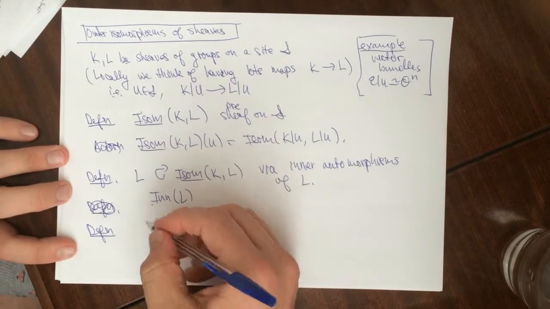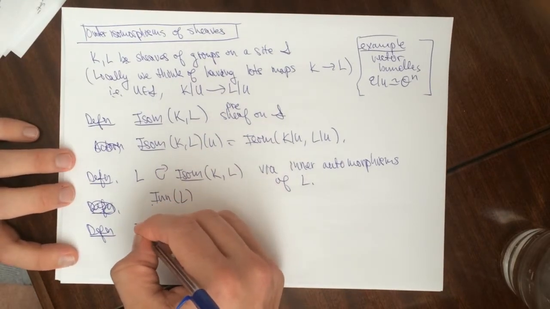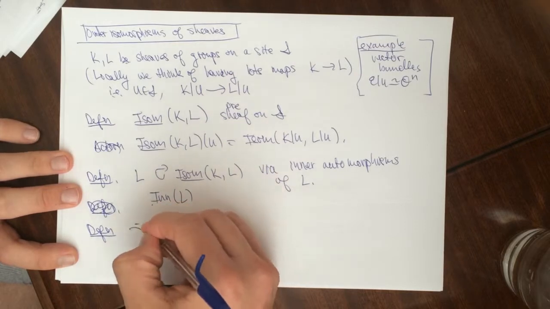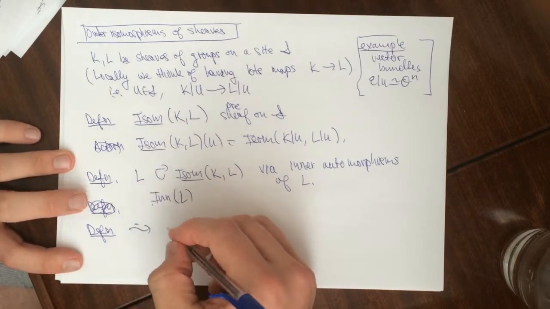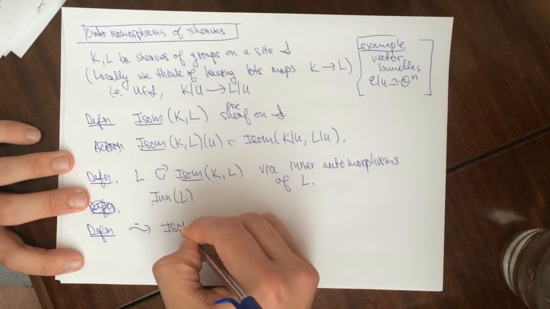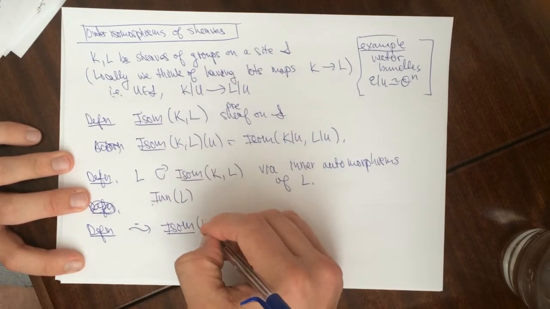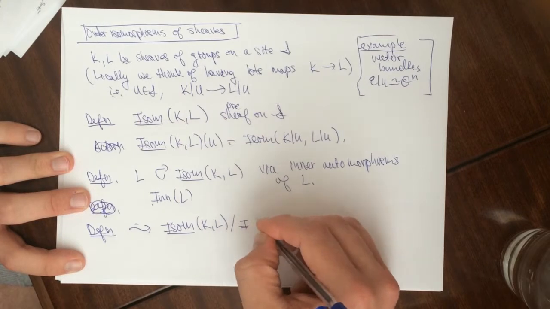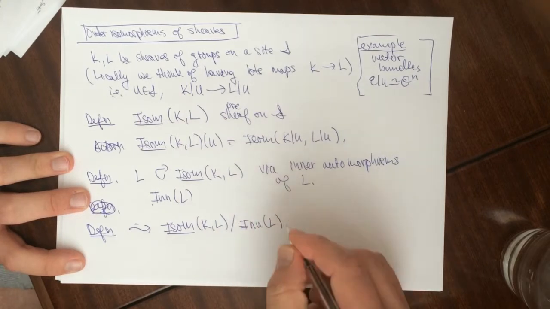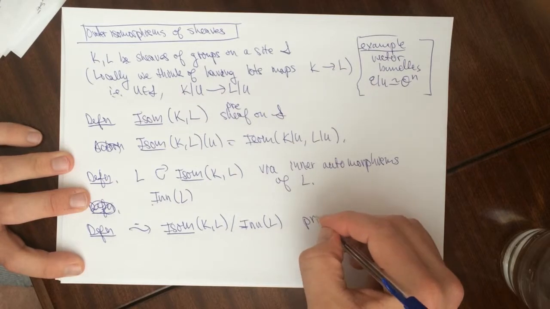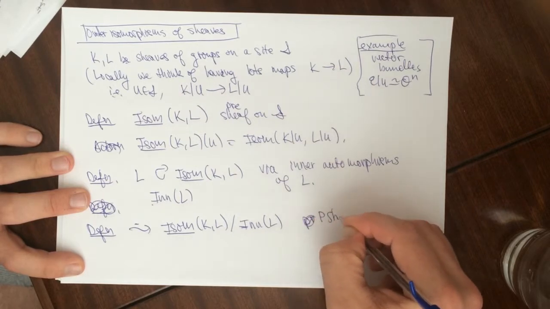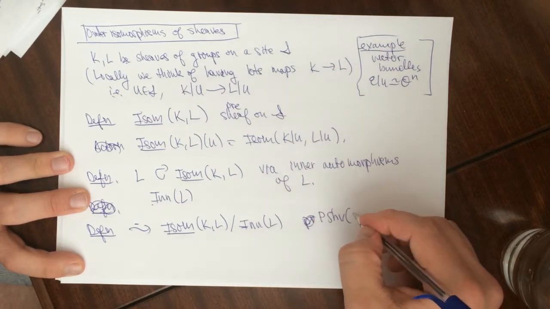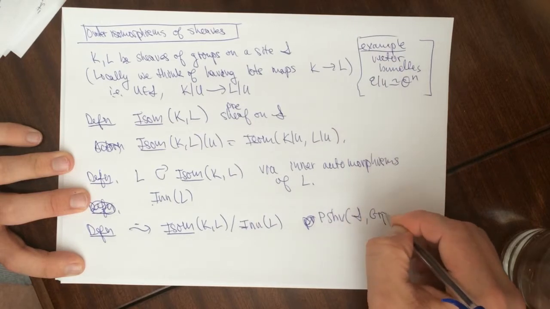We define this pre-sheaf: associated to this is a pre-sheaf of Isom(K, L) modulo Inn L. So this is a pre-sheaf on S of groups.